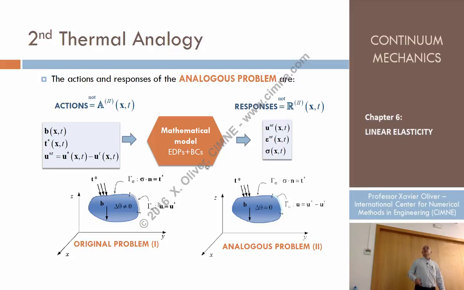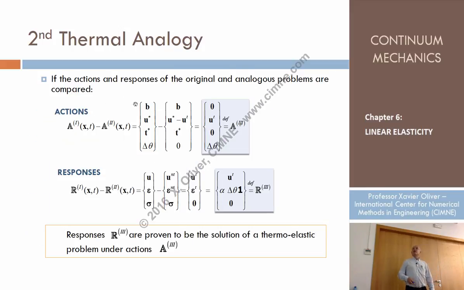What is the difference? So if we do that, we just establish what is the difference in actions of problem 1, the original one, and problem 2, which is the analogous problem, non-thermal problem. Well, in terms of the body forces, I haven't made any change. In terms of the prescriptions, yes, I've done.